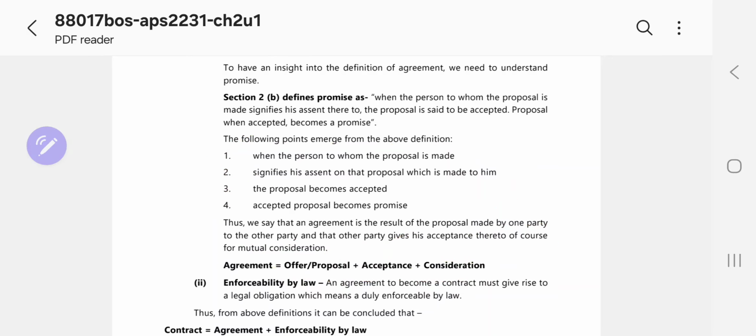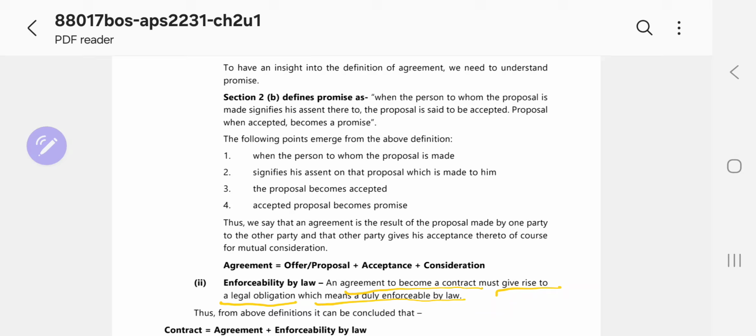Now coming to enforceability by law, what do you mean by that? An agreement to become a contract must give rise to a legal obligation, which means it is duly enforceable by law. Okay, if there is no legal obligation, if there are no terms and conditions, then if you are agreeing to some conditions or some activity or some consideration, there is a chance of default by one party or another party.